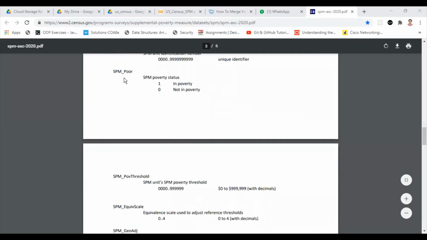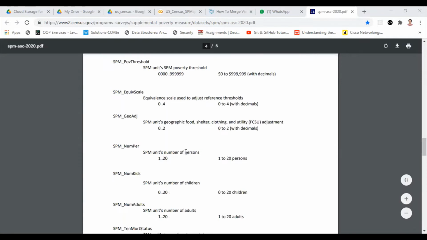which indicates whether a person is poor or not after taking into account the supplementary poverty measures, and then SPM poverty threshold.